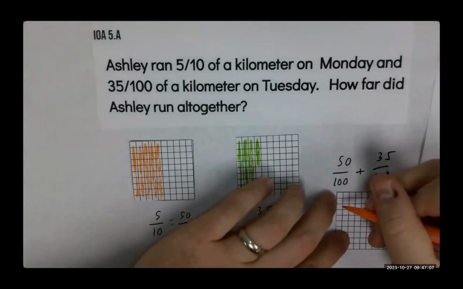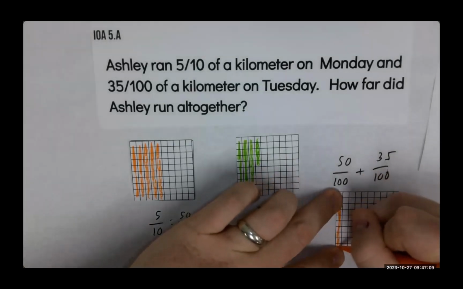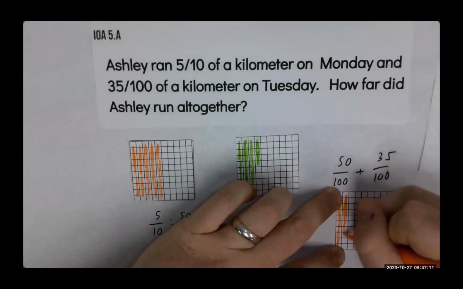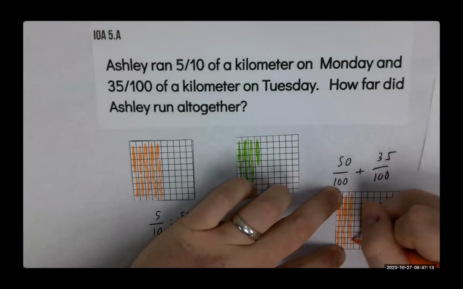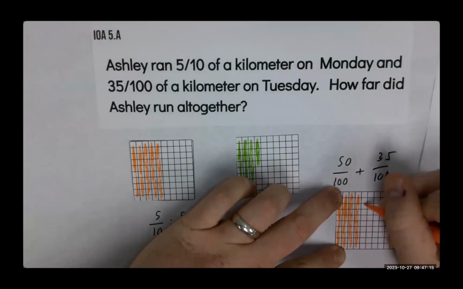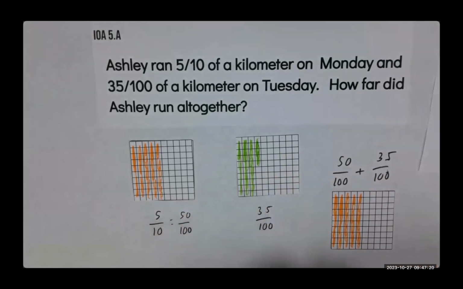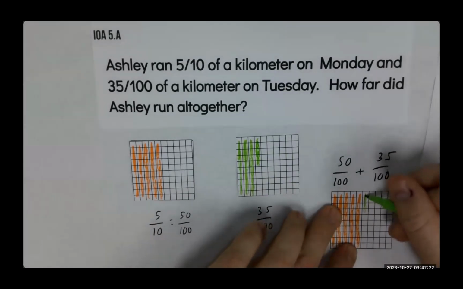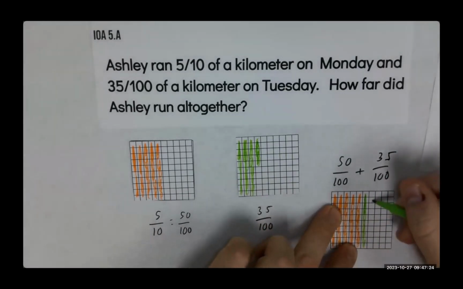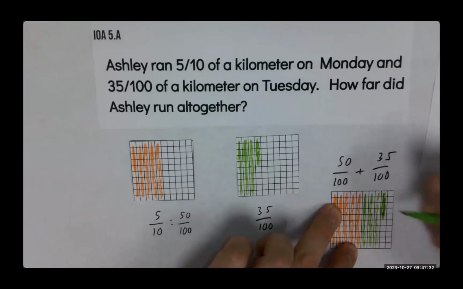So I'm going to shade in the 50 hundredths to represent the amount that Ashley ran on Monday. Next, I'm going to shade in the 35 hundredths to represent the amount that Ashley ran on Tuesday. 31, 32, 33, 34, 35 hundredths.